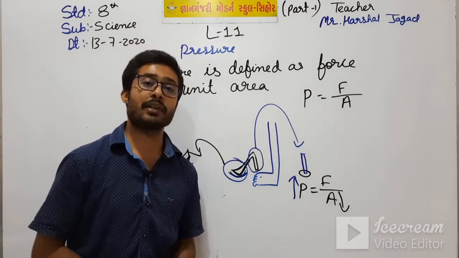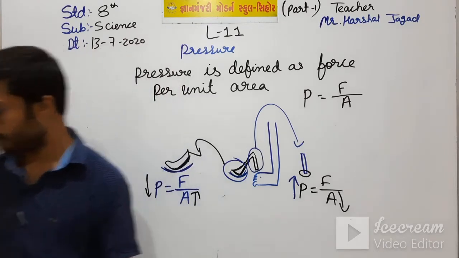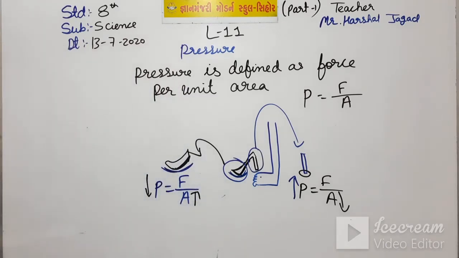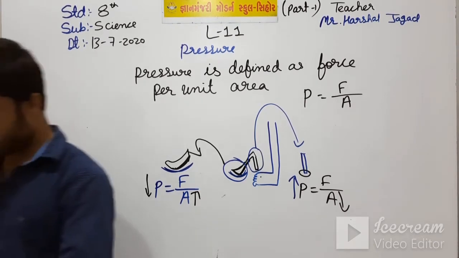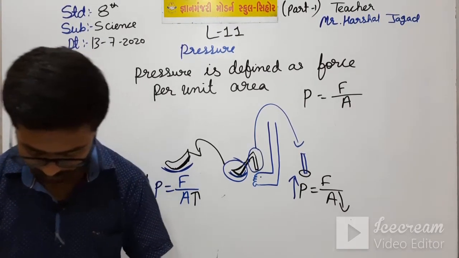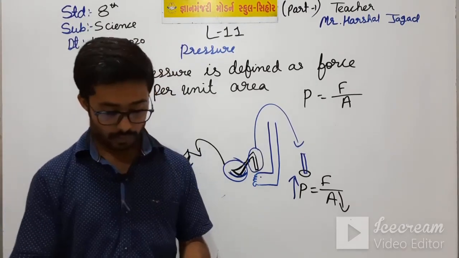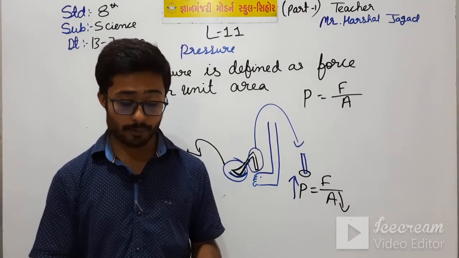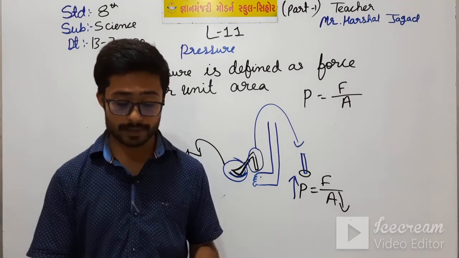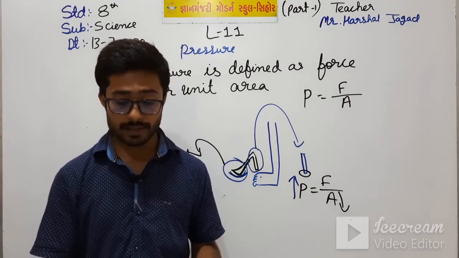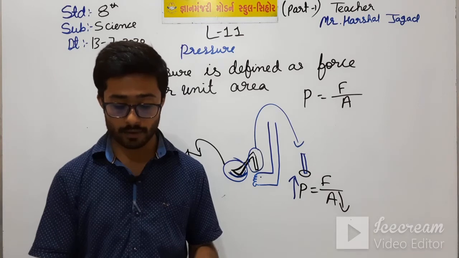Let's see some textual points of it. So now we will see here in your textbook, page number 132. When we apply a force on an object by pressing it, we say we are applying a pressure on it.